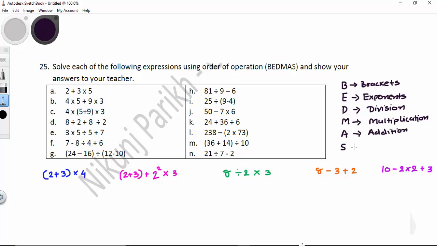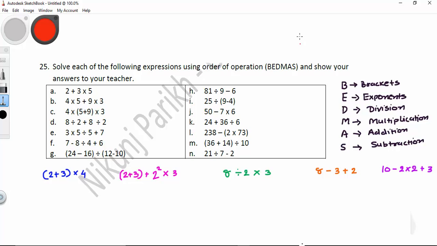And S stands for subtraction. Now, when you have this kind of expressions where multiple operations are involved, then you have to follow the sequence from top to bottom. Brackets, exponents, division, multiplication, addition, and subtraction.